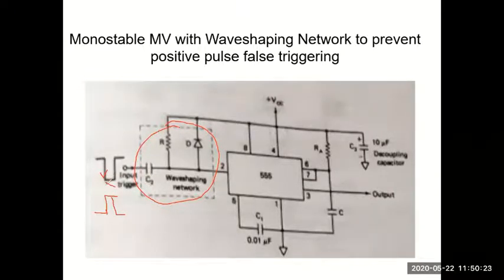So in the input trigger, the pulse width of this negative region is larger than the output pulse width for which we have designed the circuit. Say this is 1 millisecond or something, and this you have designed for 0.1 milli. The output pulse width is less than this.